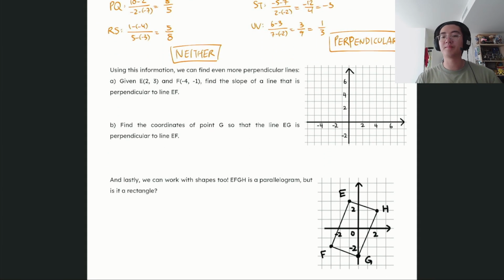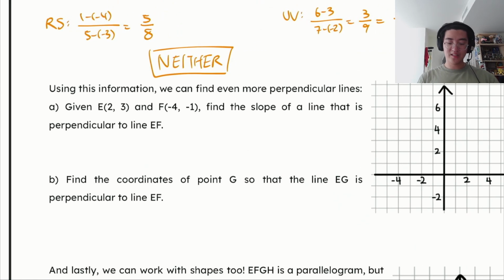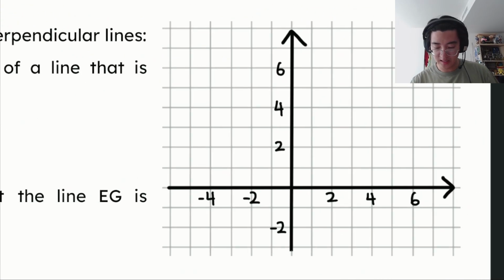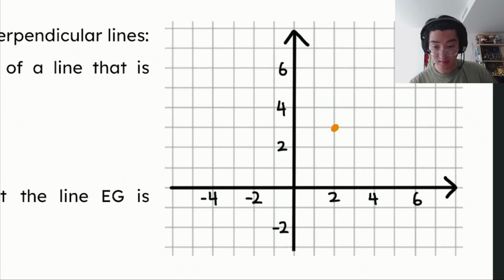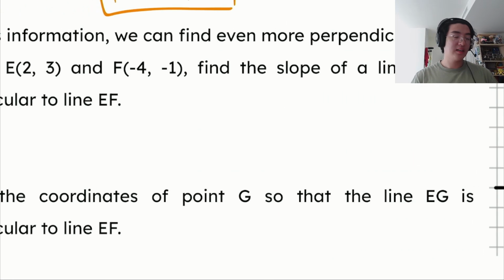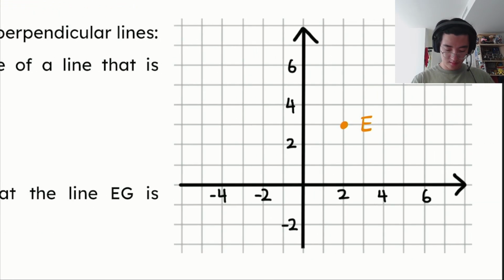Okay, so we can use this information to do some fun stuff now. Given point E and point F, find the slope of a line that is perpendicular to the line EF. Let's plot this out first. E is (2, 3). F is (-4, -1).